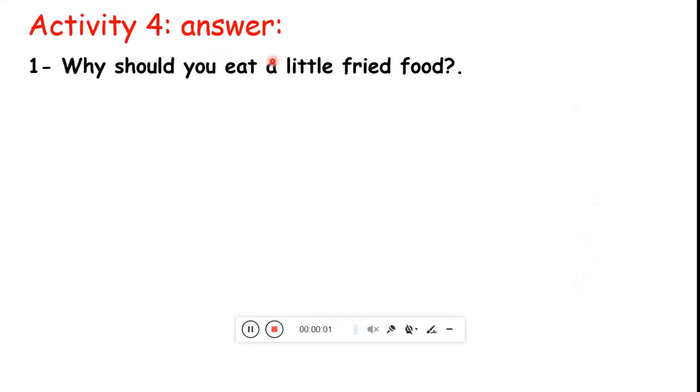Okay, dear students, now we have a short activity about picture number 4, which is answer. Question number 1. Why should you eat a little fried food? As we see in the picture, Omar's mom told Omar and Rania, you should eat a little fried food. Why? What is the reason she gave them for eating only a little fried food? Let's see. 1 2 3.